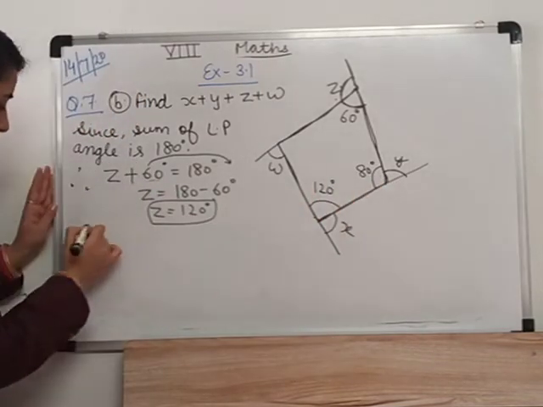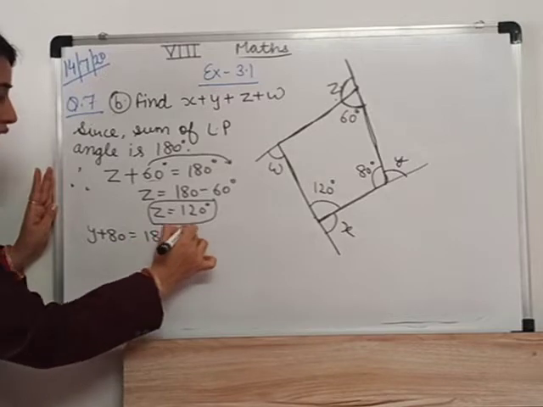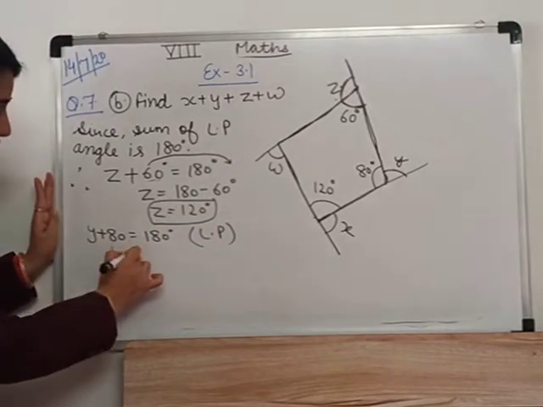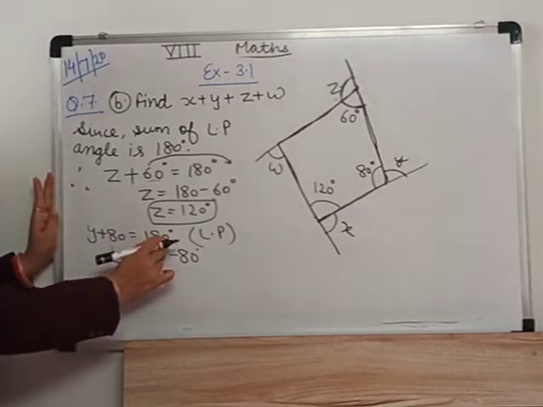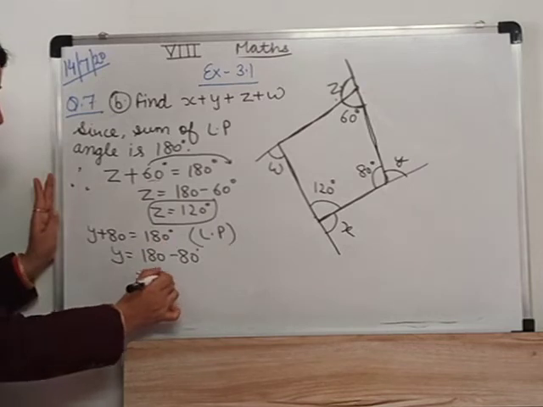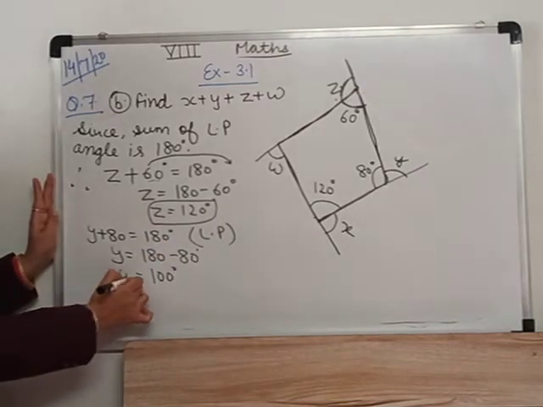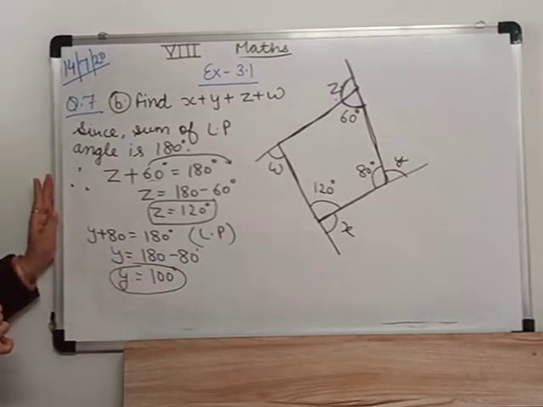Now we can solve the same way. Y plus 80 is also equal to 180 by using linear pair. The value of y is equal to 180 minus 80. Same rule of transposing: when we shift 80 to the right side, it comes with a negative sign. So the value of y is 100.